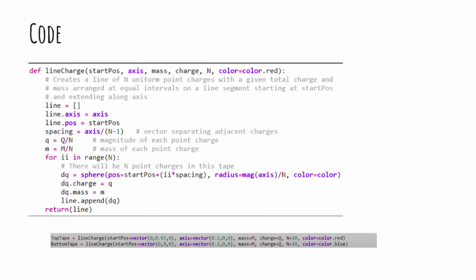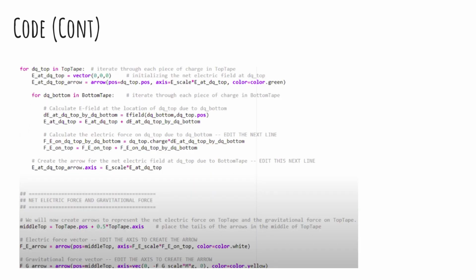So getting into the code here, it's nothing too insane. You can see what I'm doing here. It's very similar to part 1, but changing some things to accommodate the new model that we have. You can see here that I'm simulating the charges on both the top tapes and the bottom tapes, and I'm calculating the electric force that's acting on the top tape due to the bottom tape.